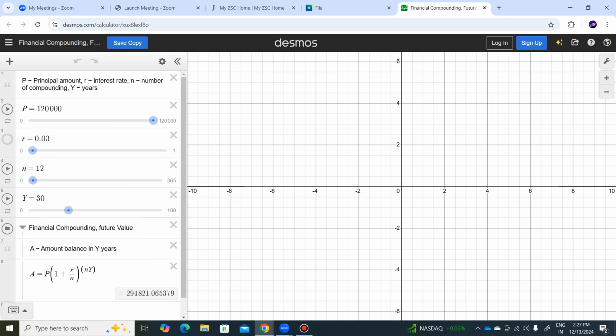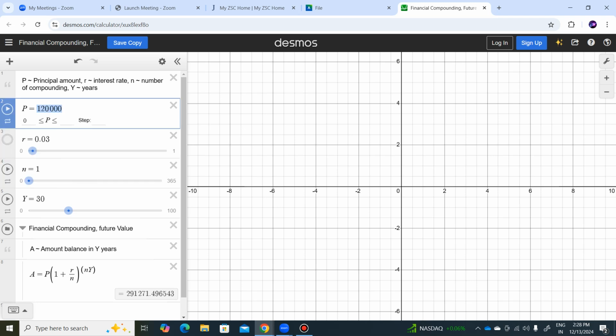This is set up so the only thing you have to figure out is what these values are. The formula is already inserted, and so it would just pop our answer. So if we wanted an investment of 120,000 at 3% interest rate every month, which is N equals 12, we'll get into that. Years 30, and we're going to end up with some future value. Let's set this to 1 for N, for annual.